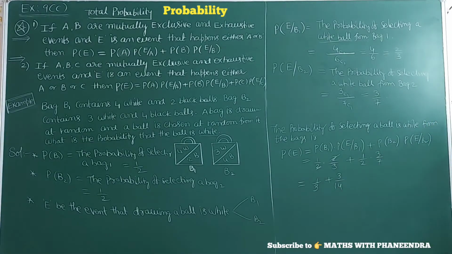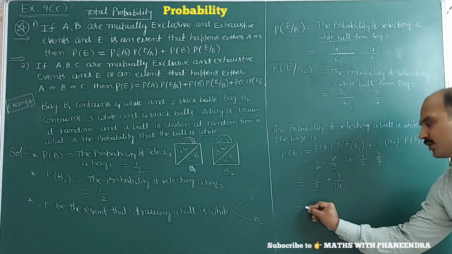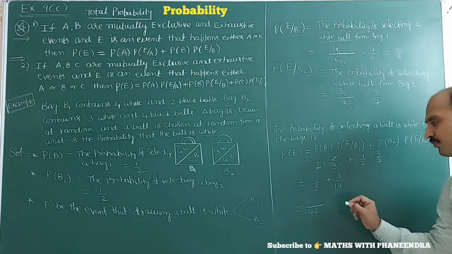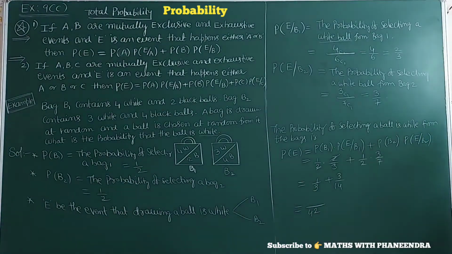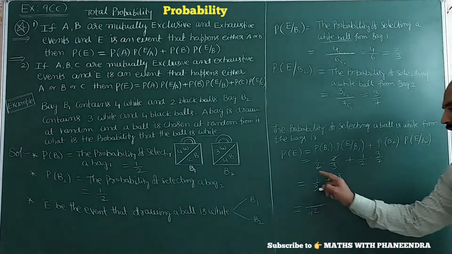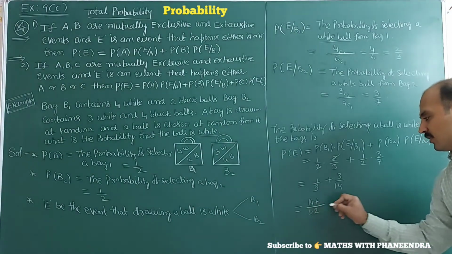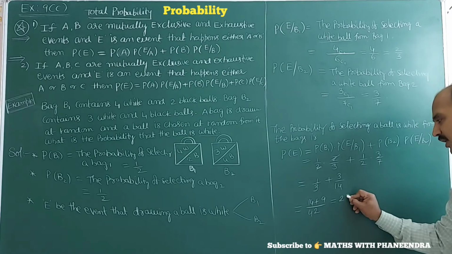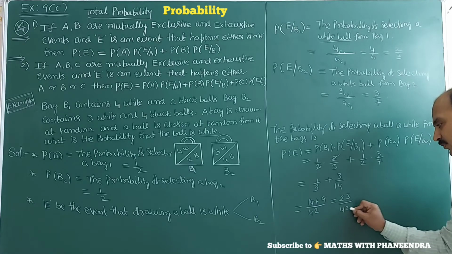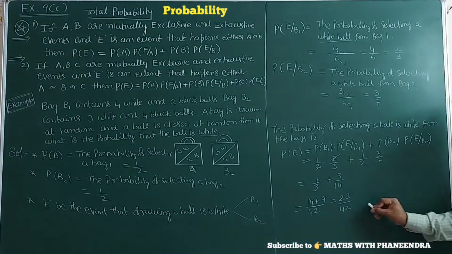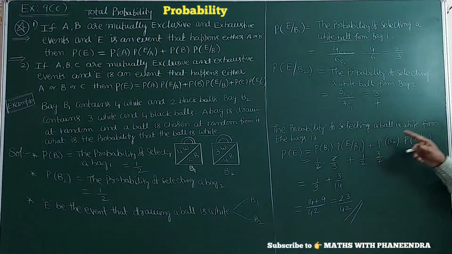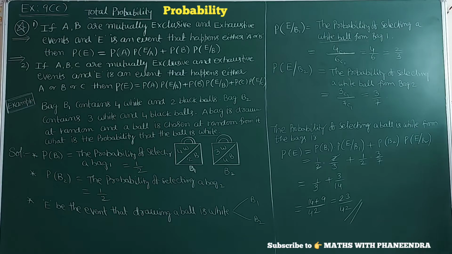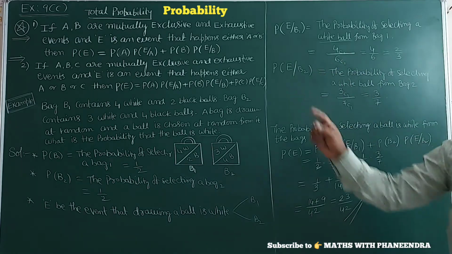LCM is 42, 3 14s, 14 into 1 plus 14, 3 3s are 9, which is equal to 23 divided by 42. So therefore, the probability of selecting a ball that is white from the bags is 23 by 42. This is the way we can apply total probability.